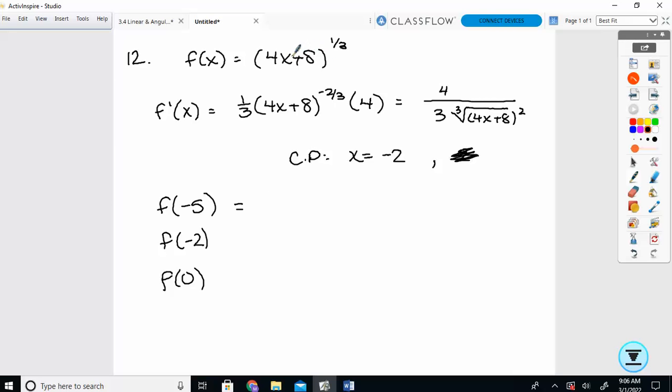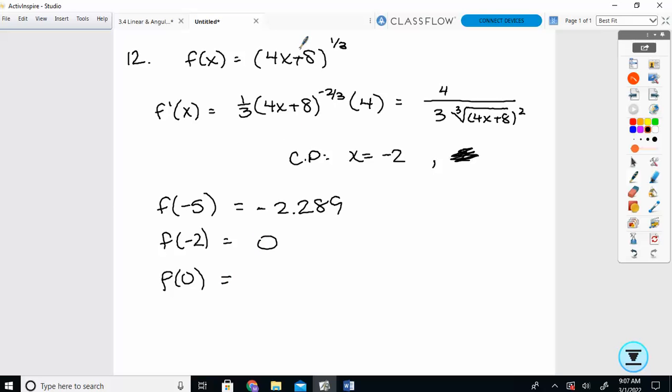All right, so if I plug -5 into my original, let's just do it on the calculator. So the cube root of, so we get -2.289.